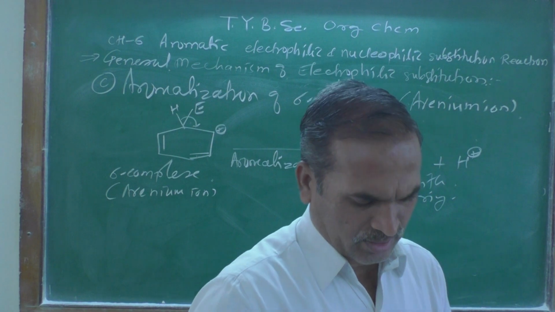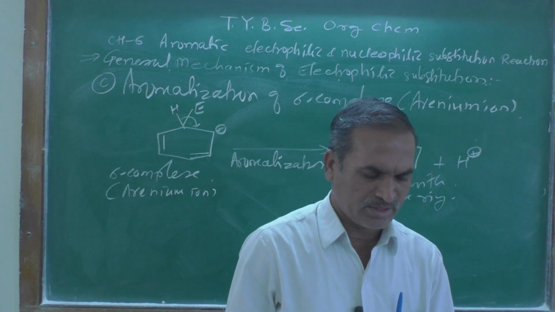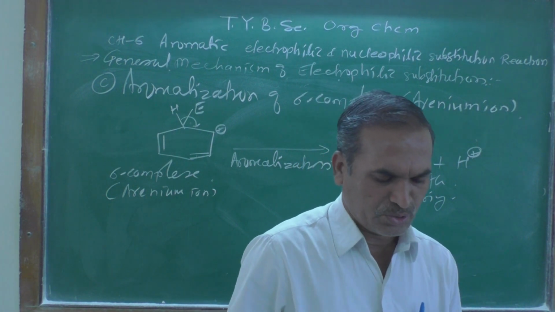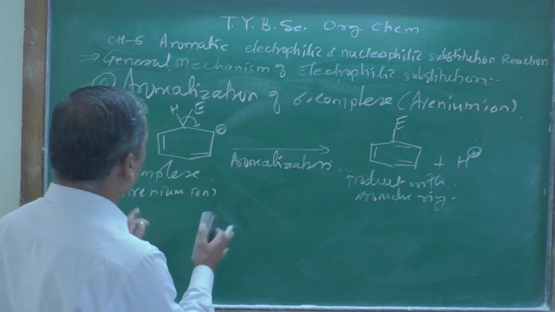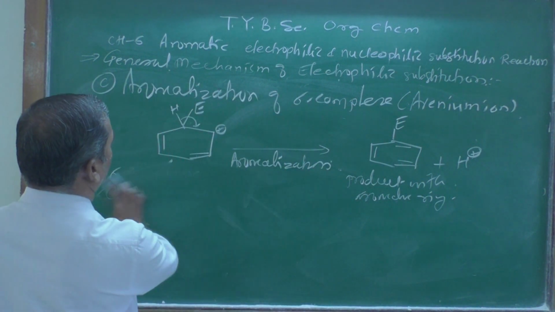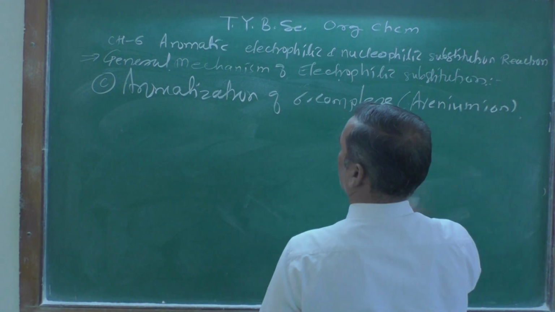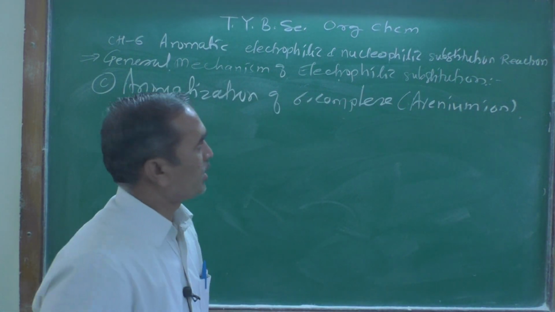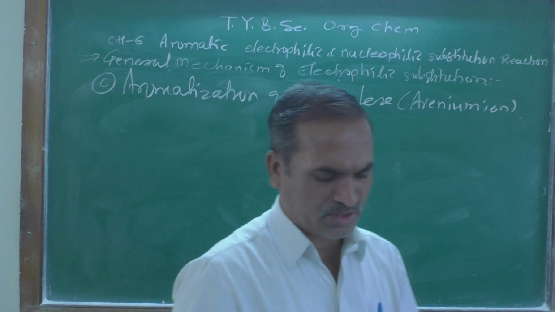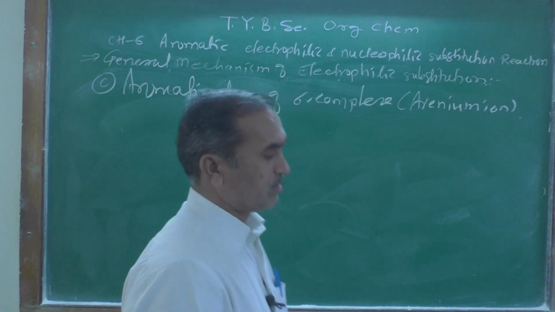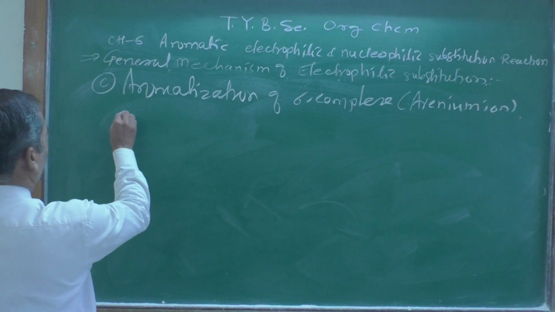And now the complete mechanism can be shown in two stages, and therefore we are now able to write the complete mechanism of the electrophilic substitution reaction in two steps.